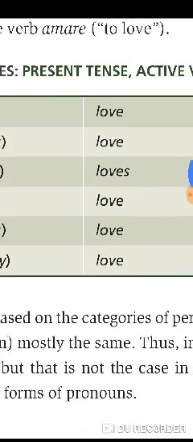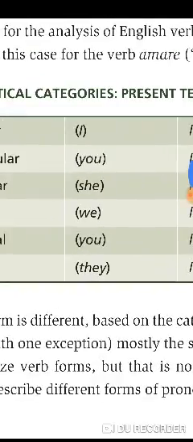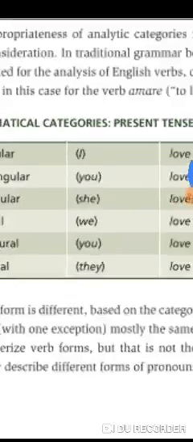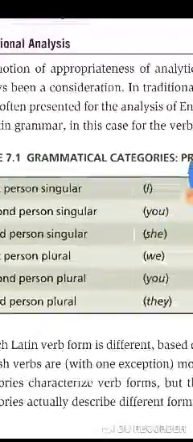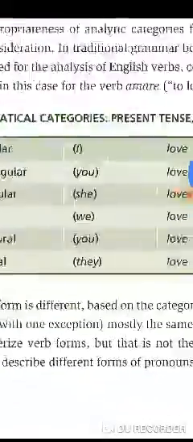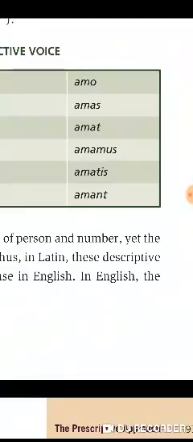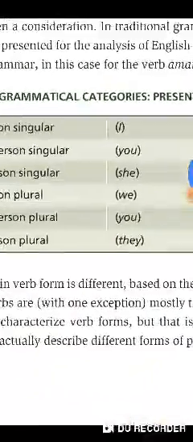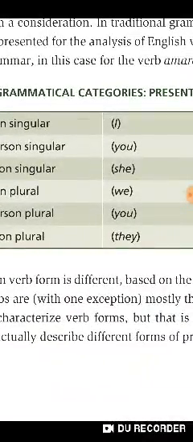You are going to be teachers of English, or I suppose some of you are already teachers of English. So in English we don't need so much. I, you, we, they love. He, she, it loves. That's it.